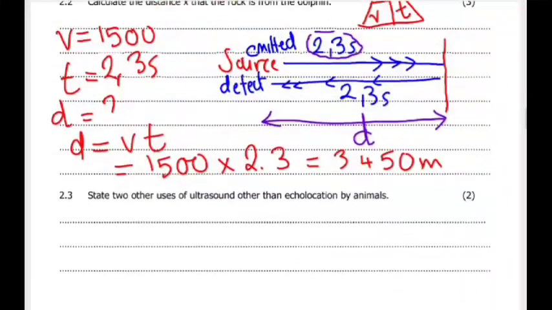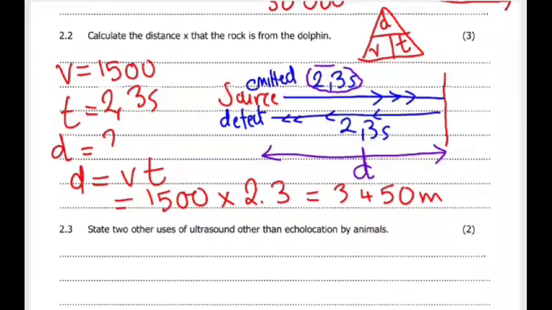Okay. Now let's look at this question that says, state 2 other uses of ultrasound other than echolocation by animals. Well, we can have medical imaging, producing medical images. For example, ultrasound scan of pregnant women to see the developing fetus.